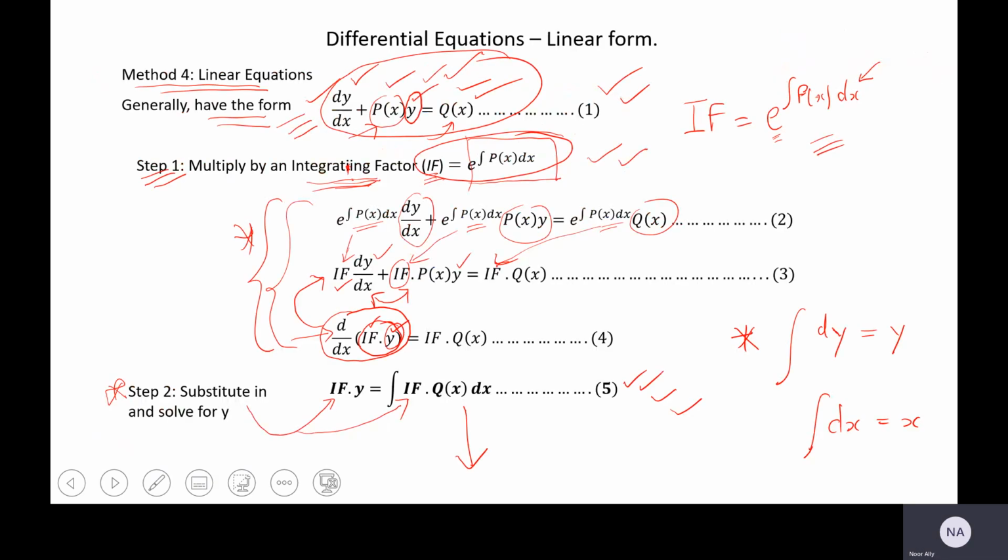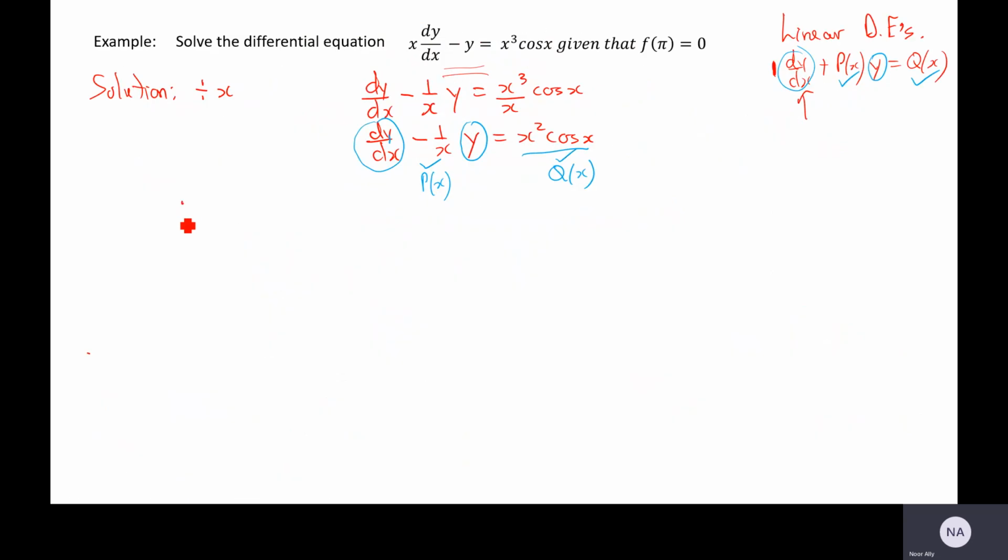Now, once you have that in the correct form, let's just recap. What do I do next? Find the integrating factor. What is the formula for the integrating factor? Therefore, my integrating factor is equal to e to the integral of p of x dx.